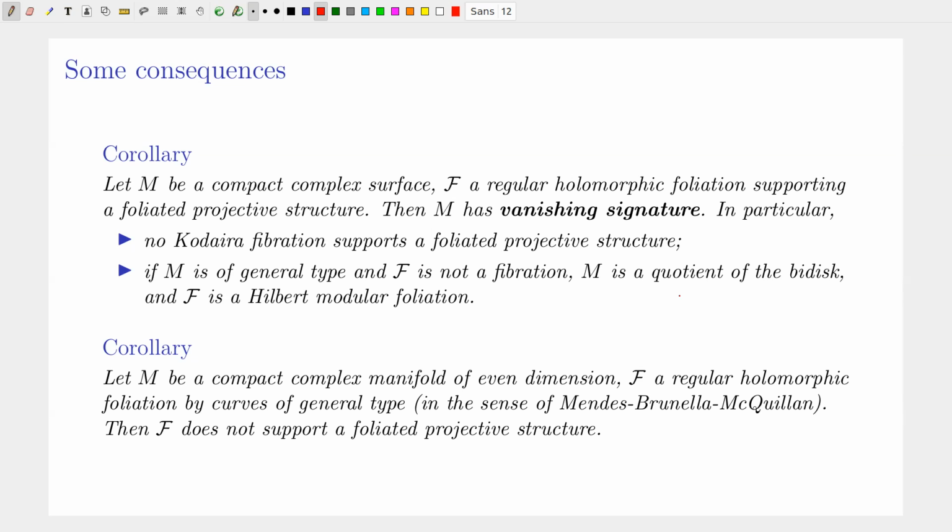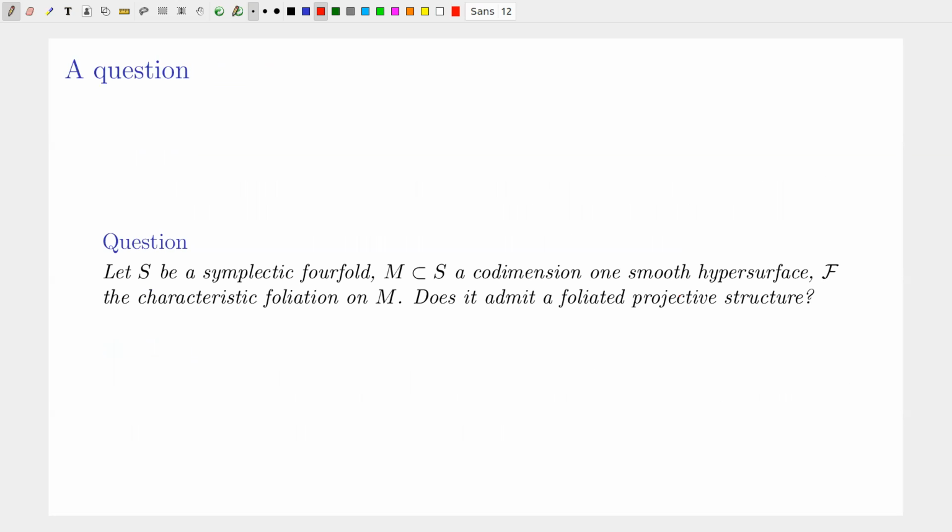There are, however, some foliations that do not fall within that, where we do not get any information from our index theorems. So let me give you one large class. So suppose you have a symplectic manifold of complex dimension 4, and you have a codimension 1 smooth hypersurface S inside, the inclusion is the other way around.